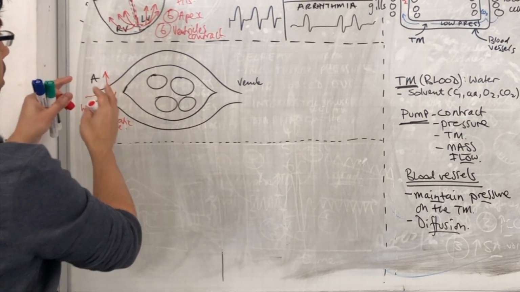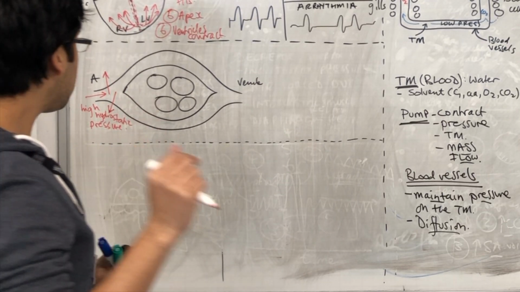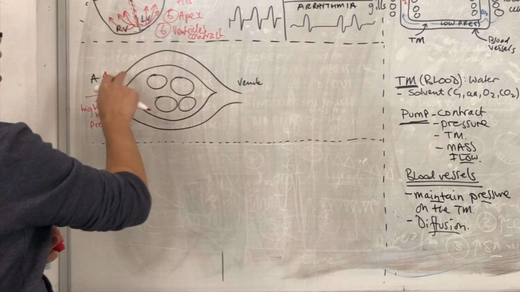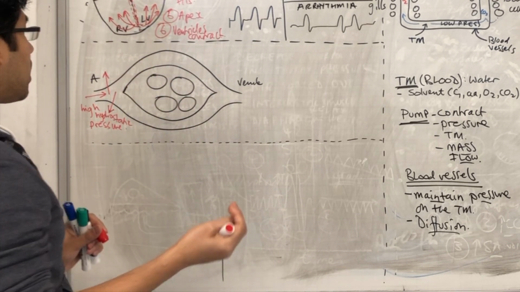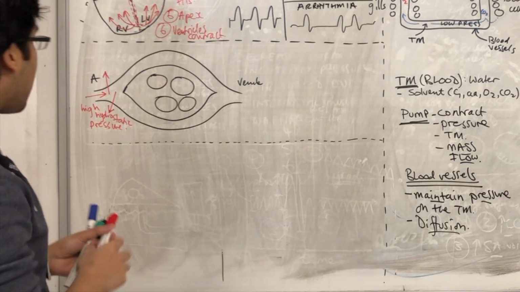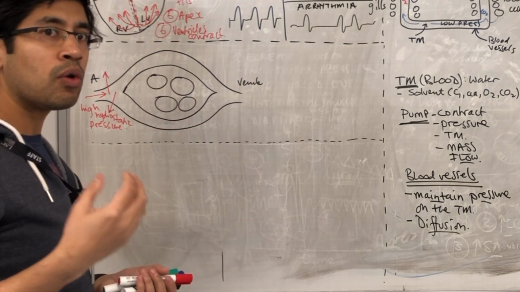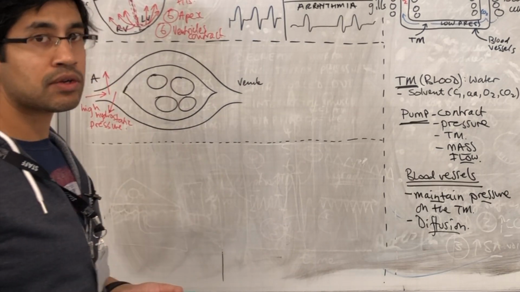Okay, so you got high hydrostatic pressure. However, there's a lot of stuff in the blood, right? Solutes, dissolved proteins, things like that, and that gives the blood a quite low water potential.